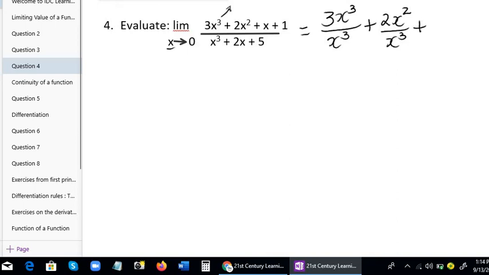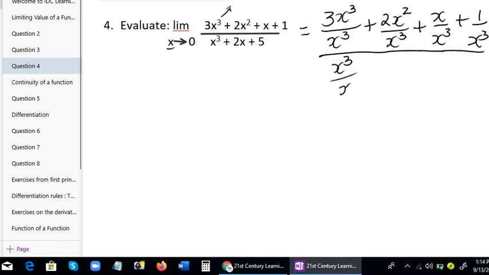So plus x divided by the highest power, x cubed, plus 1 over x cubed. Now divide by the denominator: we have x cubed divided by x cubed plus 2x divided by x cubed plus 5 divided by x cubed.